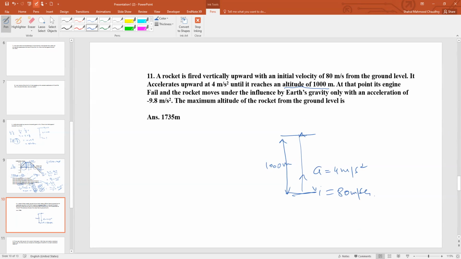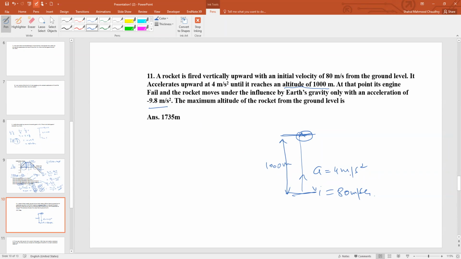This is the point where it reaches, and the height from the ground to this point is 1000 meter. Now what happened? After reaching 1000, its engine fails. When its engine fails, the rocket moves under the influence of Earth's gravity only, with an acceleration of minus 9.8 meter per second square.